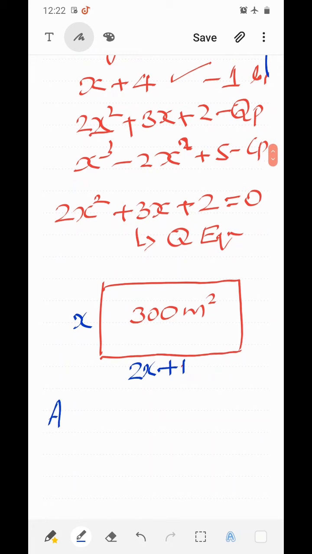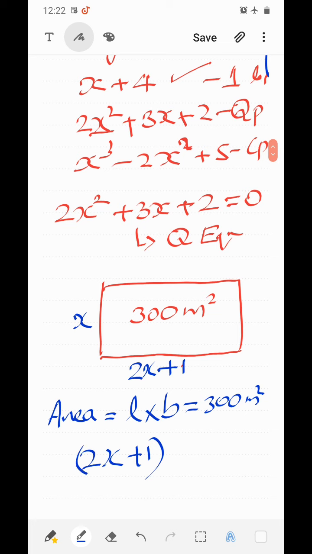So what is the area of a rectangle? Length into breadth. Am I right? This length into breadth should be 300 square meters. Here length is 2x plus 1 and into breadth x is equal to 300 square meters.